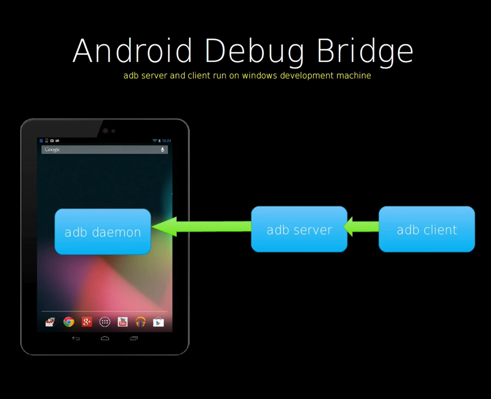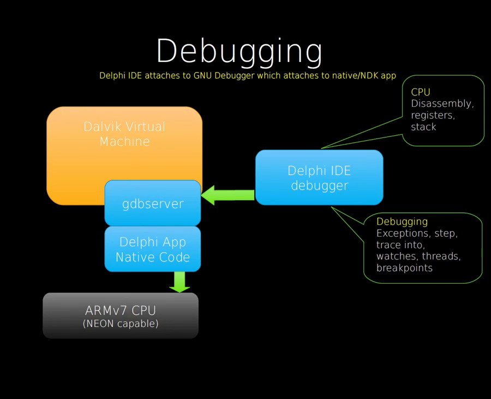That allows you to do shell control of your Android device, but it also allows you to put files onto it. Delphi actually uses ADB to place the APK, to install the APK.